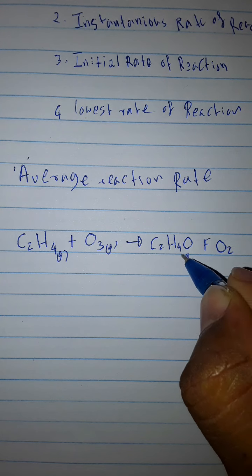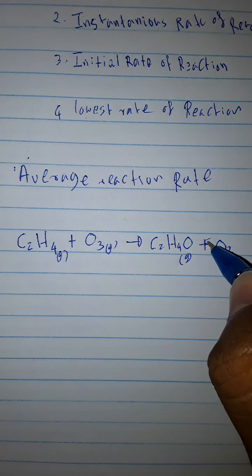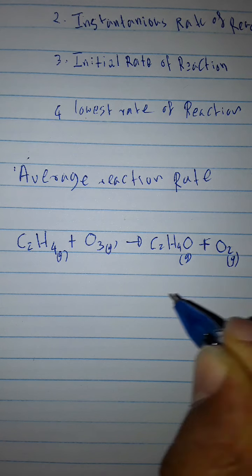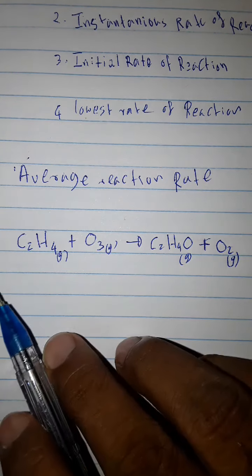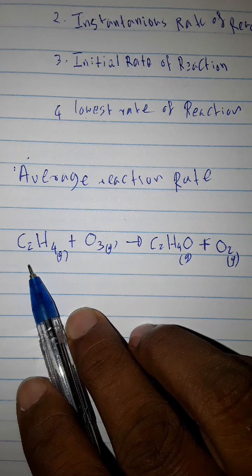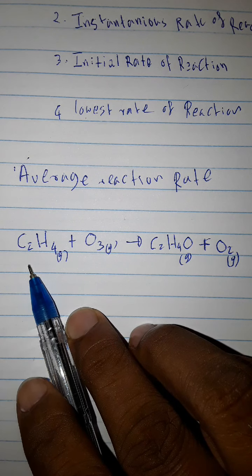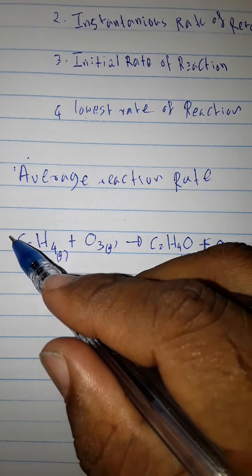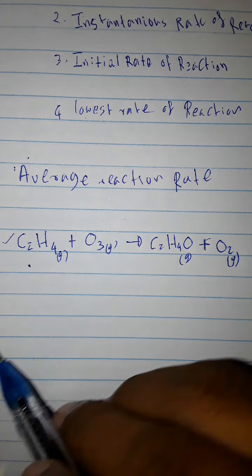This reaction you will learn in the environmental chemistry section. This reaction is responsible for the photochemical smoke, right? That we have to discuss later. Anyhow, this is how ethene molecule reacts with ozone.